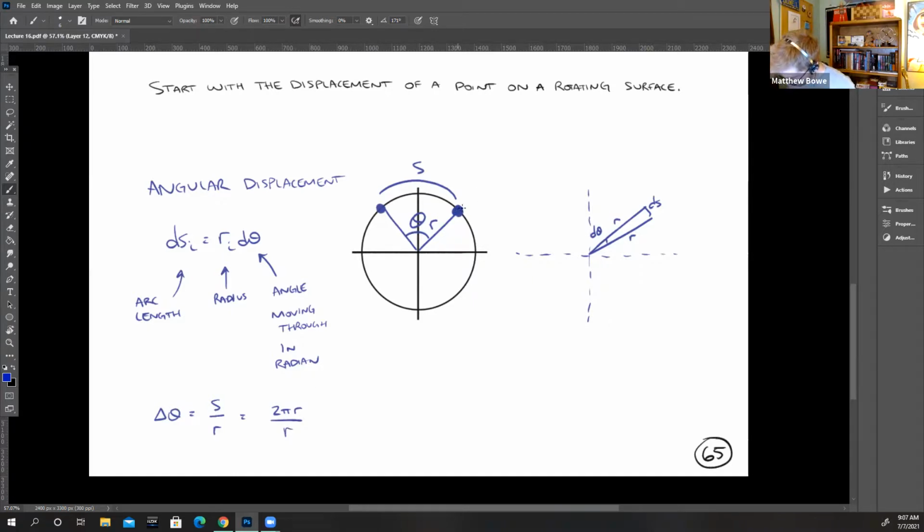So if we start at this point, one complete path all the way around, we've traveled a distance of 2 pi times the radius. So we have 2 pi radians. And that is equal to 360 degrees. Basically, that's just one revolution.